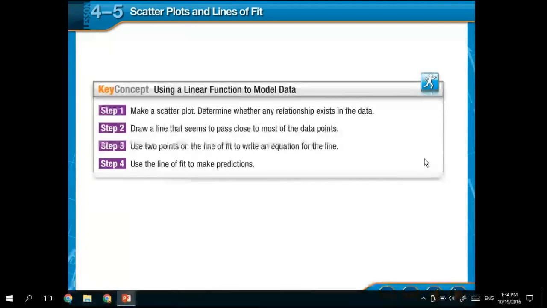If there's no relationship, you just stop. But if there is a relationship, step 2 is draw a line that seems to pass close to most of the data points. Step 3, pick 2 points that are on the line and write an equation through those 2 points. Step 4, you can use the equation of that line to make predictions.